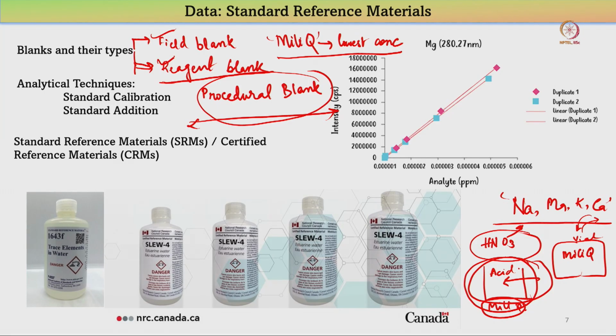So, there is a field blank and there is a reagent blank. Reagent blank means whatever nitric acid, acids or reagents you are adding into a sample, you add into the vial and measure that. That is your reagent blank, and then finally there is your procedural blank.